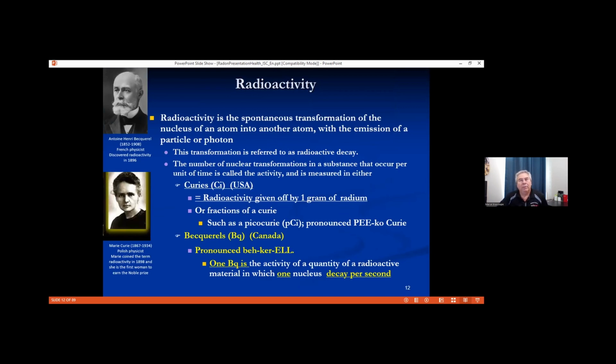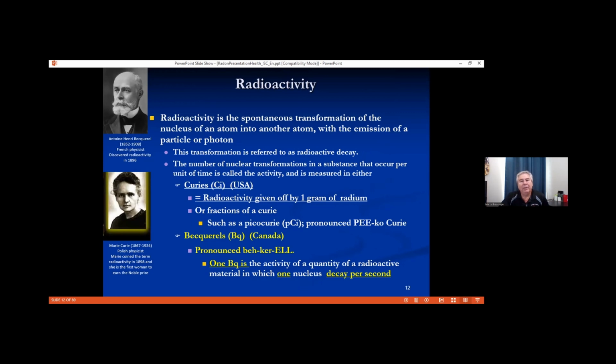So when we talk about something that's radioactive, all we mean is that the atom, and we could refer to radon here because we know that radon is radioactive, is going to give you 1 disintegration per second.